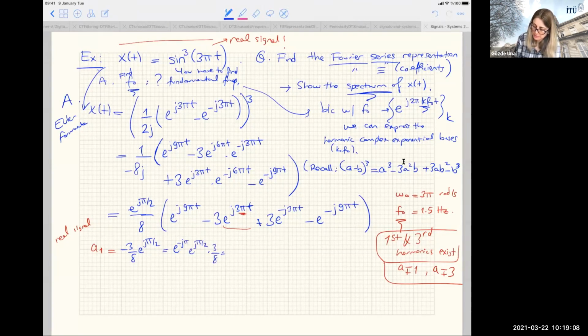So really this is 3 over 8 e to the minus j pi over 2. You can check A minus 1 from the equation how to extract it, but I know from here A minus 1 is already, because it's a real signal, the complex conjugate, e to the j pi over 2. Okay? You guys should know or understand this easily.